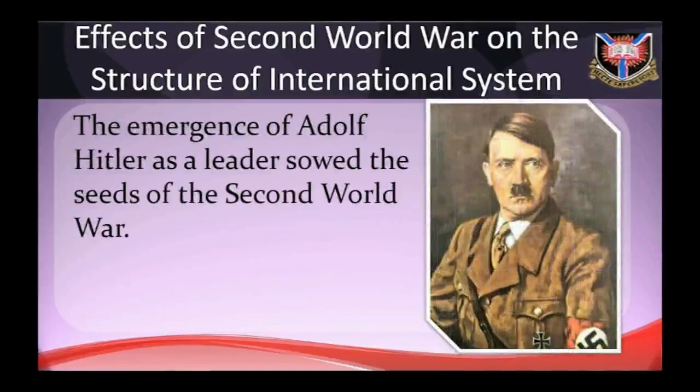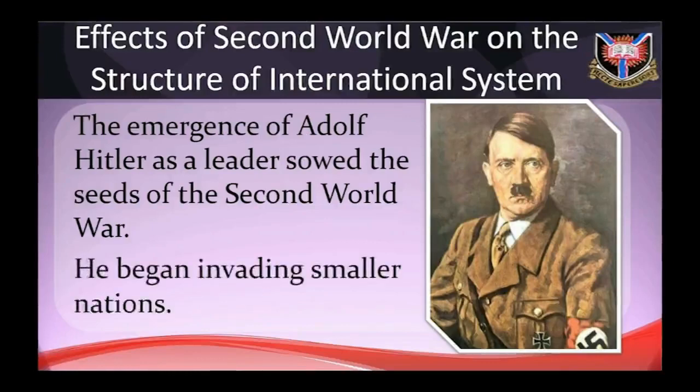The emergence of Adolf Hitler as the leader sowed the seeds of the Second World War. He began invading smaller nations. For example, in 1936, Germany invaded Rhineland, otherwise known as Belgium, and in 1938, Hitler annexed Austria and part of Czechoslovakia in search for more living space, or Lebensraum, for Germans.